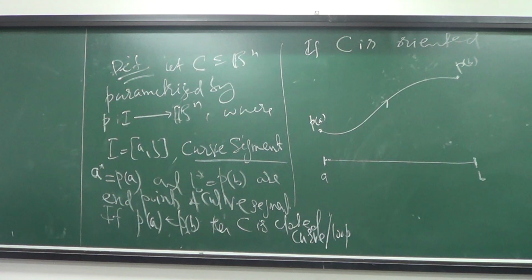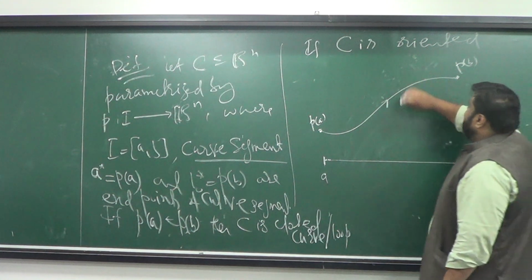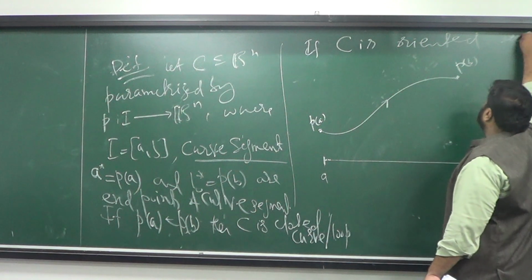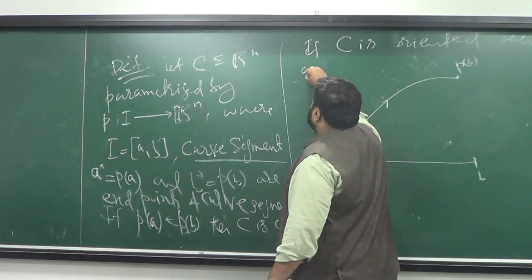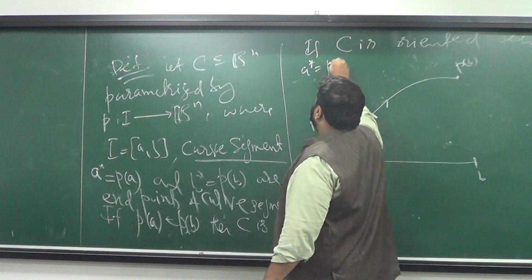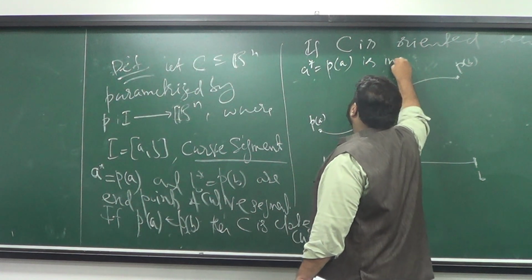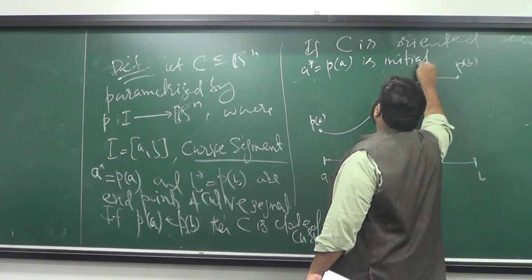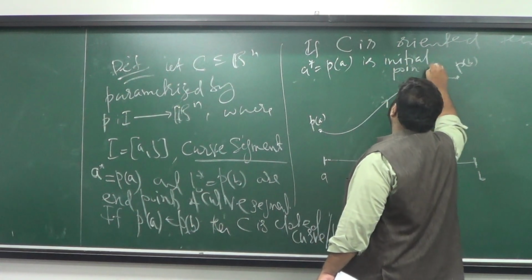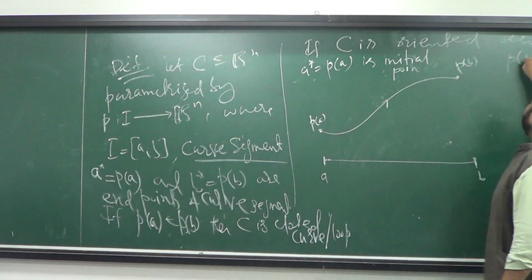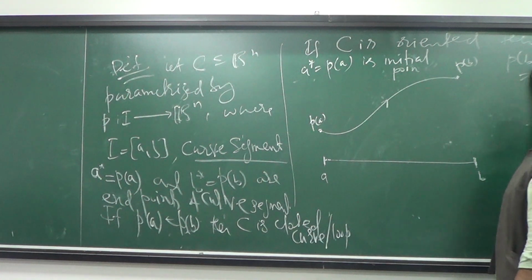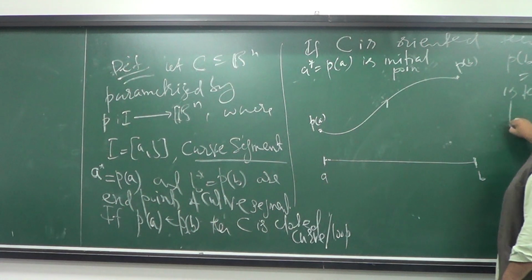If C is oriented, then you can say that this A star, which is P of A, is the initial point of the curve, and this P of B that I am denoting by B star is going to be the terminal point of the curve.